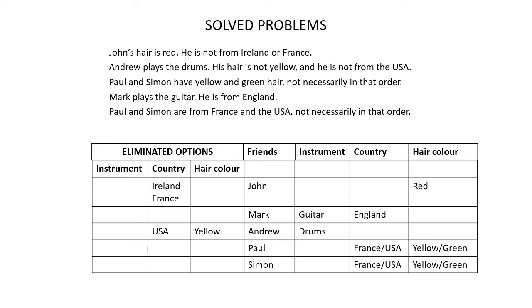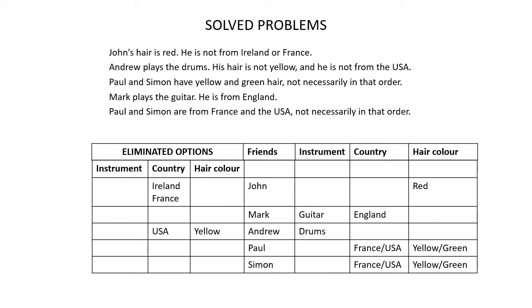Under eliminated options, write instrument, country, and hair color. Fill this table with the appropriate information as given in the question. Once this table is completed, answer the given questions based on the completed table.